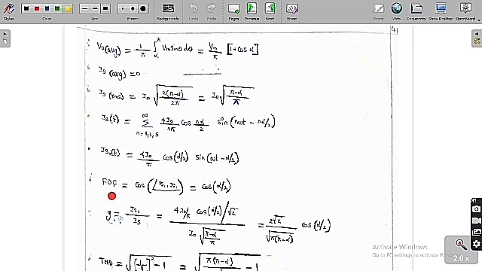Now I want to find the fundamental displacement factor. The fundamental displacement factor is the cos of the angle between the source voltage and the fundamental component of the source current. So it is the cos of the angle between the fundamental value of the source voltage and the fundamental value of the source current.